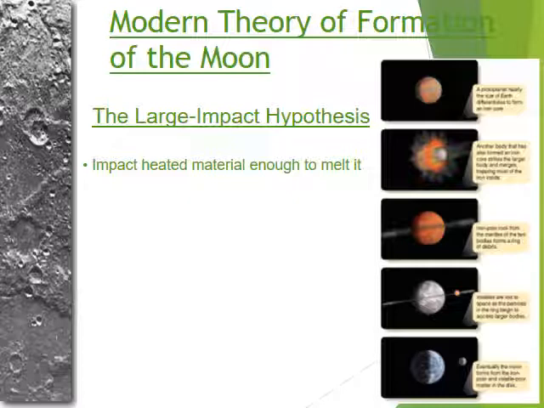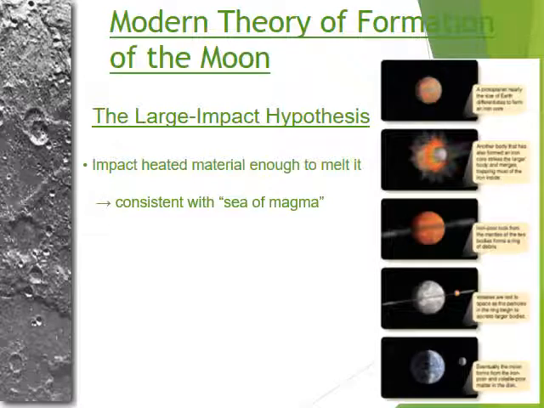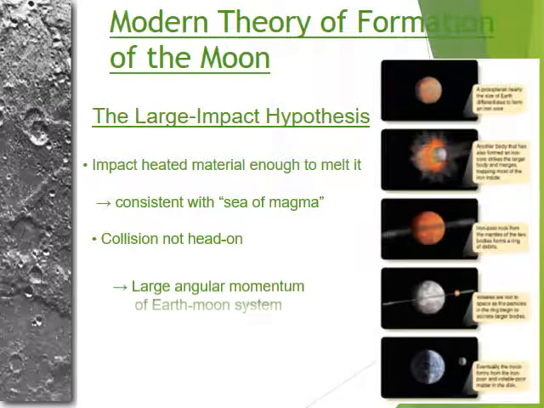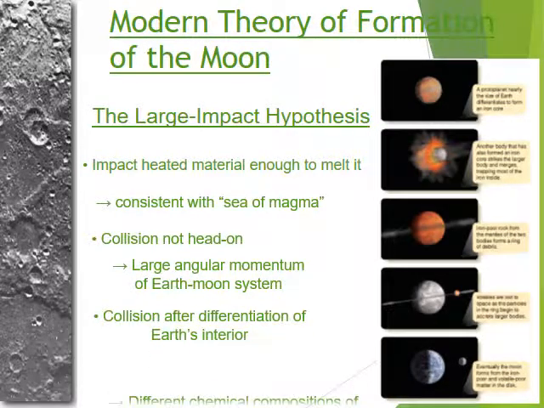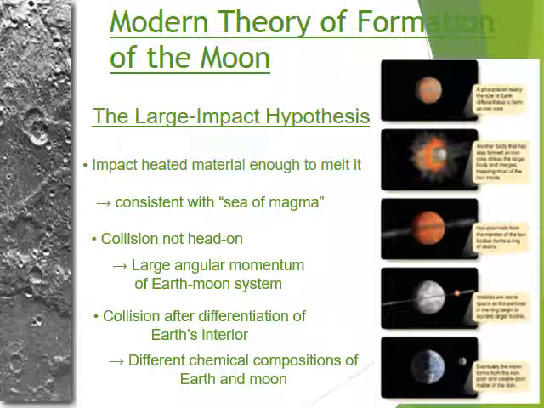The leading hypothesis currently is the large impact hypothesis, the idea that shortly after the Earth formed as a protoplanet, it got smacked into by another large protoplanet, perhaps almost the size of Mars. Essentially the two centers of those protoplanets combined and formed one large planet, the Earth, and left a bunch of debris almost like a ring. That ring then accreted over time and formed the moon.